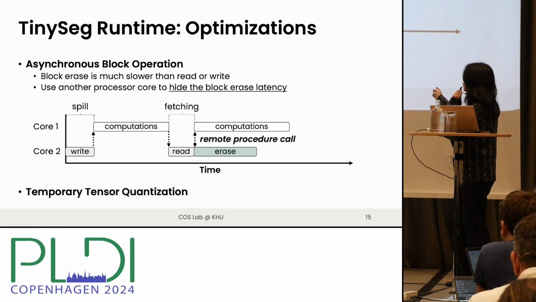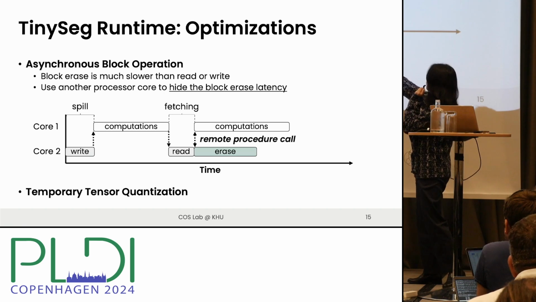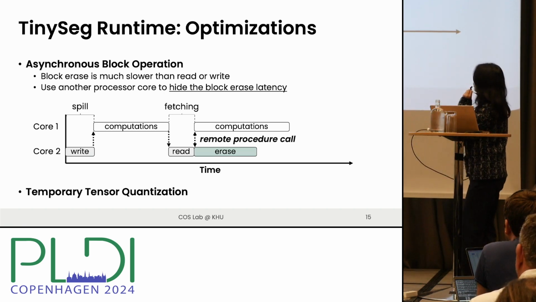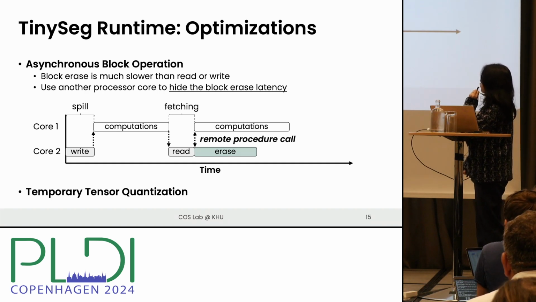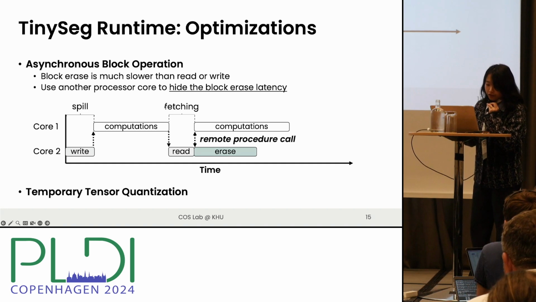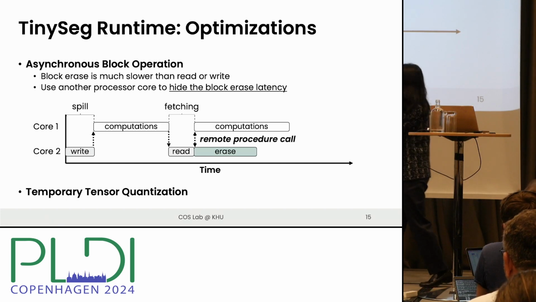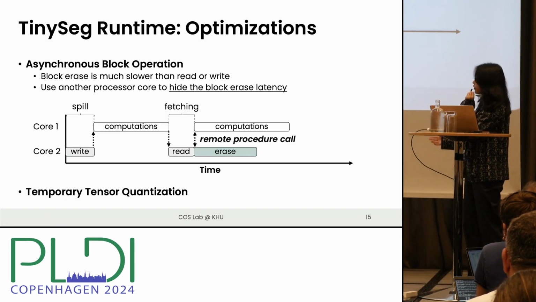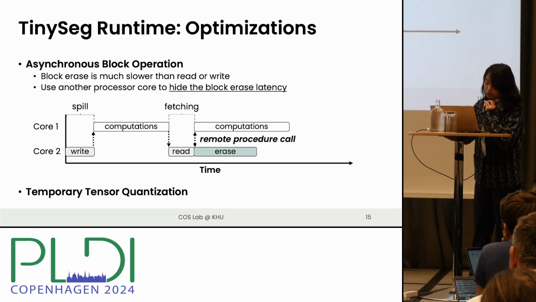So we propose to use another processor core to hide the block erase latency via remote procedure call, so it can reduce the spilling overhead. And the third optimization is temporary tensor quantization, which quantizes the temporary tensor used in the operators to reduce the peak memory usage.